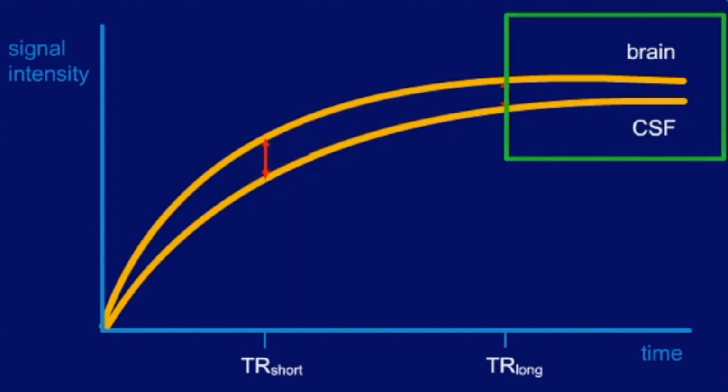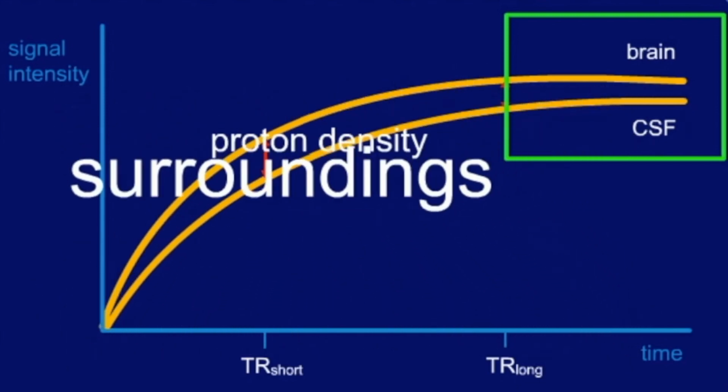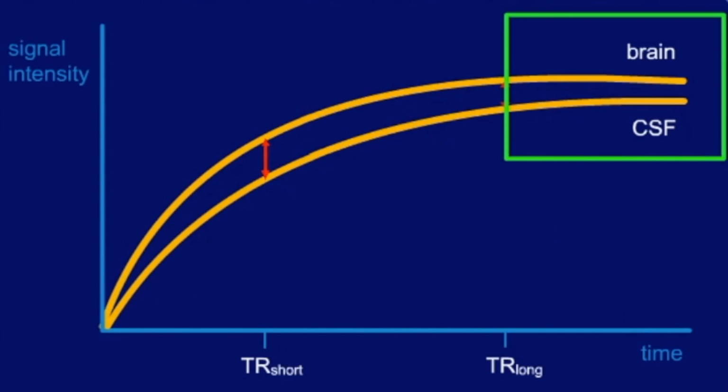Looking at the two curves, you may have asked yourself, why are the signals after a very long time TR between pulses not identical? We have heard the explanation already. The signal intensity depends on many parameters. When we wait a long time, T1 does not influence the tissue contrast anymore.